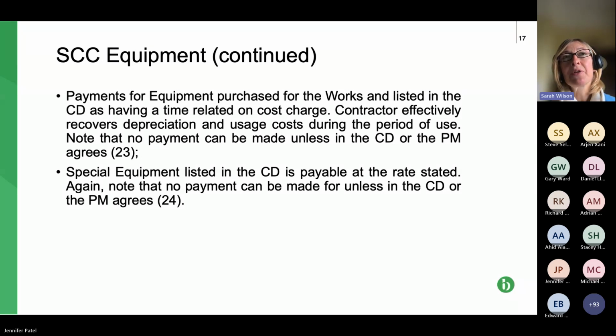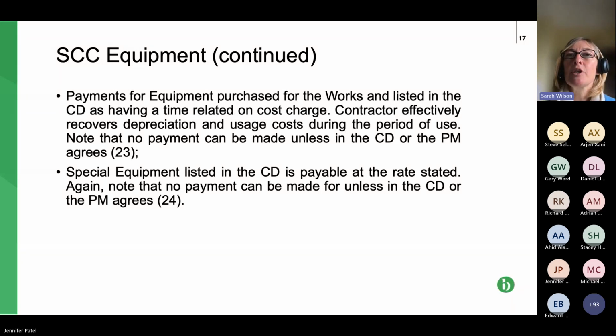So it's going to be worth, I can't remember how much I said it, we bought it for 10 grand. If it's depreciated by 60%, it's going to be worth 4 grand. So at the end of the project, contractor can sell it for 4 grand.